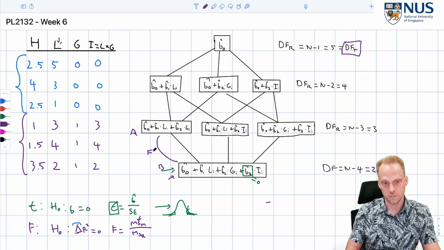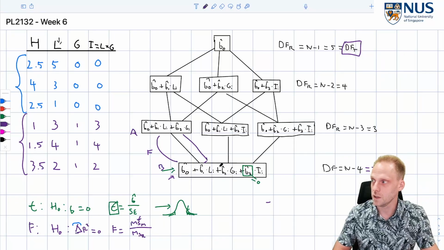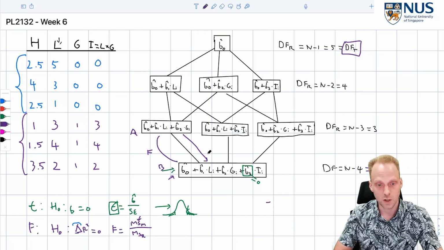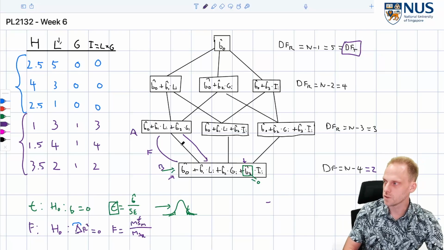So here, we're asking the question, was going from this model to this model worth it? Did the explained variance increase? Are we explaining more of our data? The only difference between these models is that we add this B3 term. That's the only difference here.